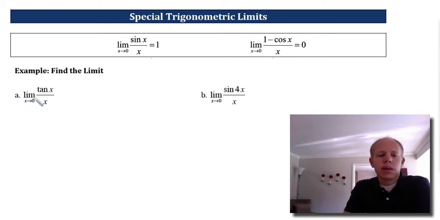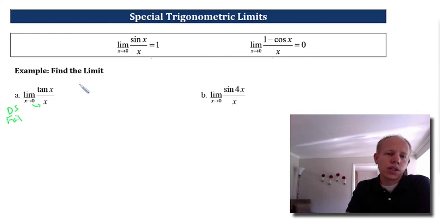So it's the limit of tangent x over x as x approaches 0. You can see if we try to plug in 0, we get 0 over 0, an indeterminate form. Now for this example, we see a tan here, but the limits I gave you have sine and cosine in them.